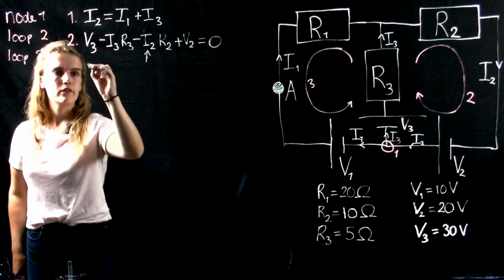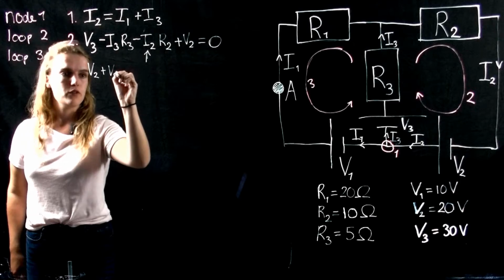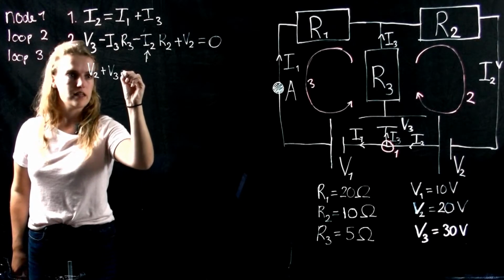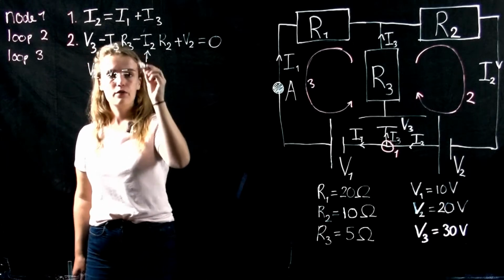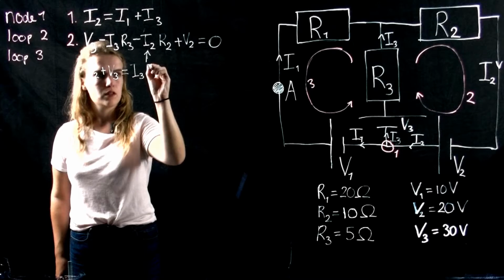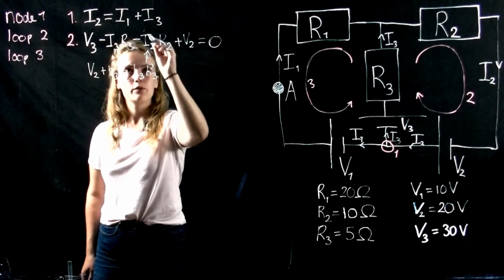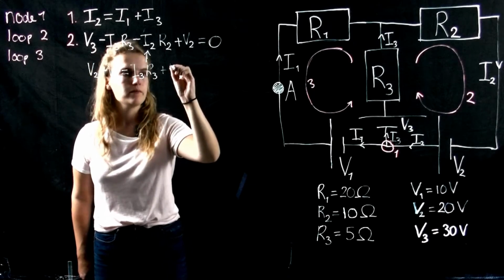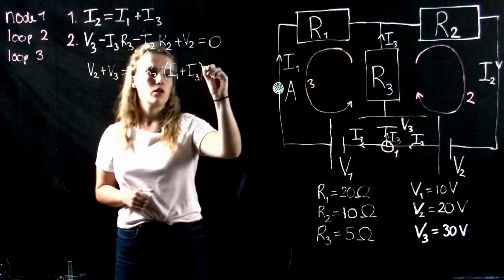So first we have V2 plus V3, and this is then equal to I3 times R3 plus I2, where we fill in I1 plus I3. And this times R2.